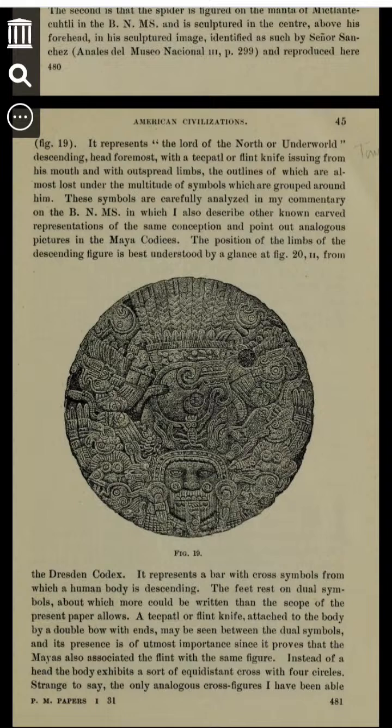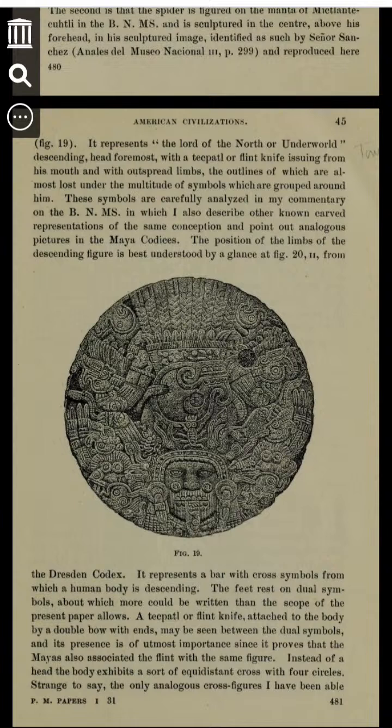Instead of the head, the body exhibits a sort of equidistant cross with four circles. Strange to say that the only analogous cross figures I have been able to find in all codices are those reproduced in figure 20.